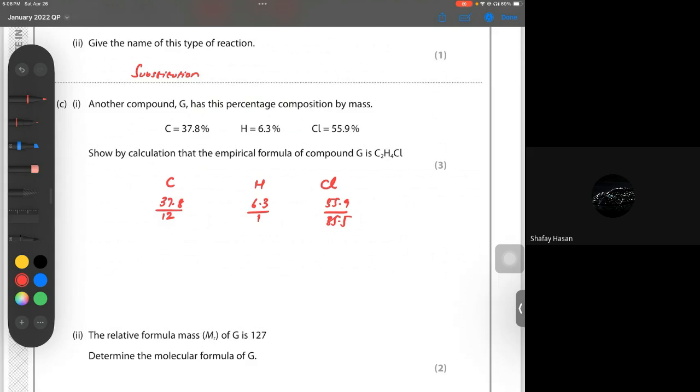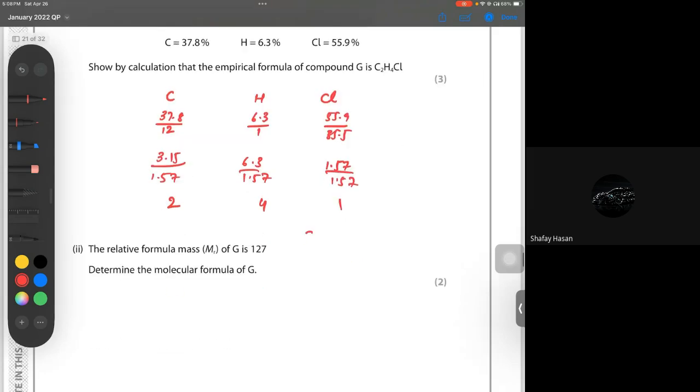So I would be getting 3.15, 6.3, and 1.57. Then I'm going to divide by the smallest number, 1.57. I would be getting 2, 4, and 1. So the formula is C2H4Cl.